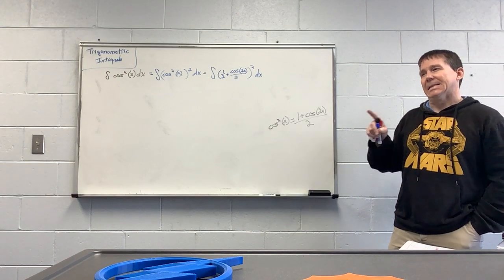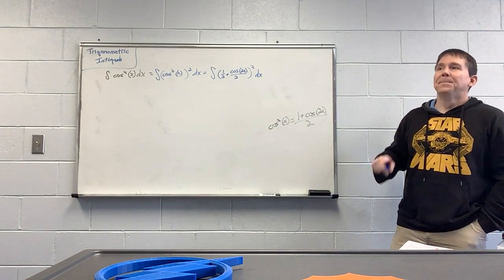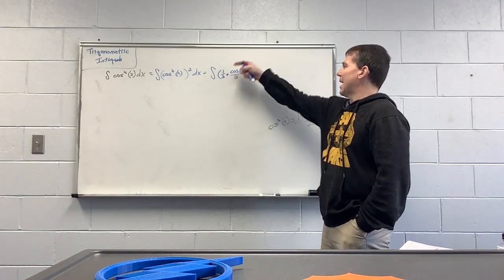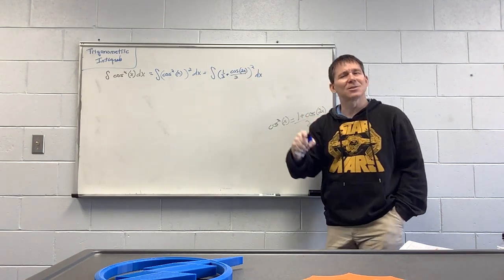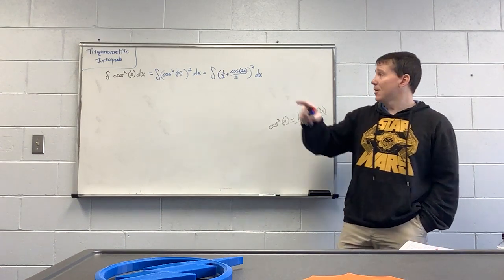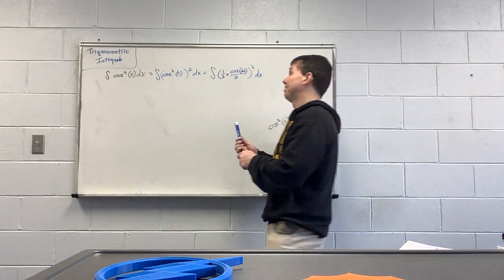Now, I need to solve that. But the problem is, well, now I have a sum of two fractions squared, and how do I solve that? Here, FOIL it out and see what you get.